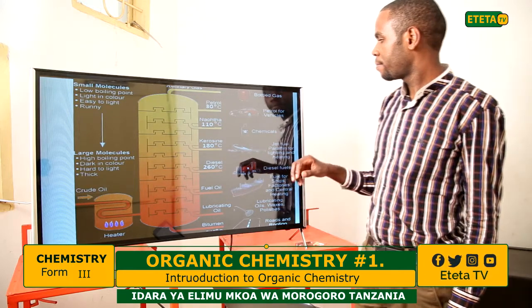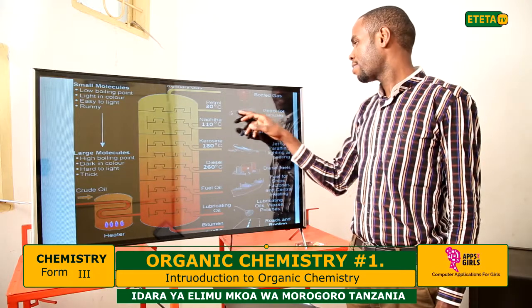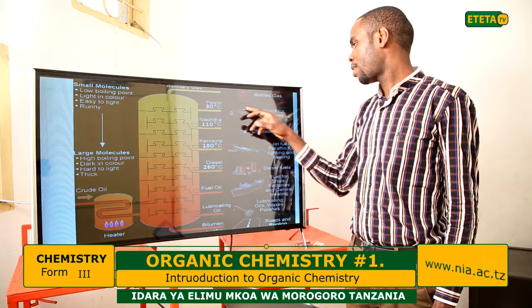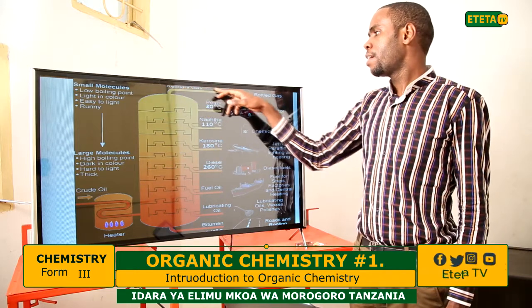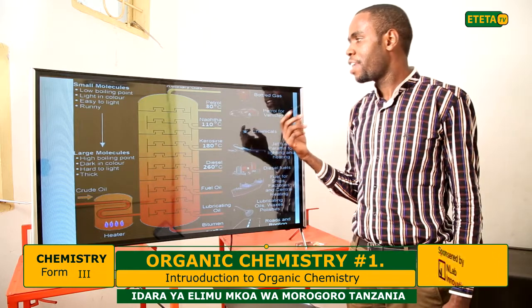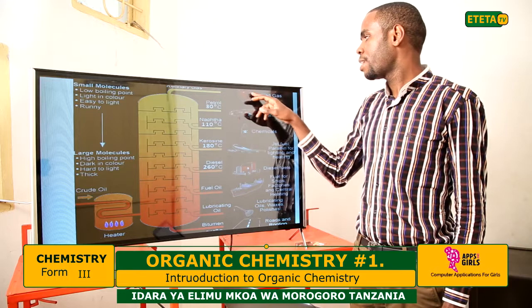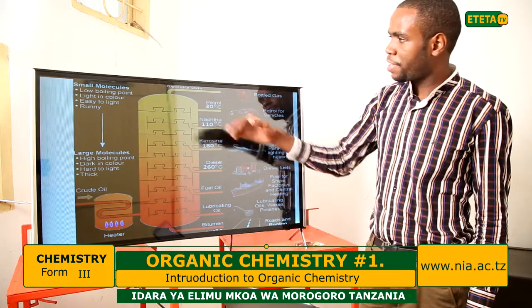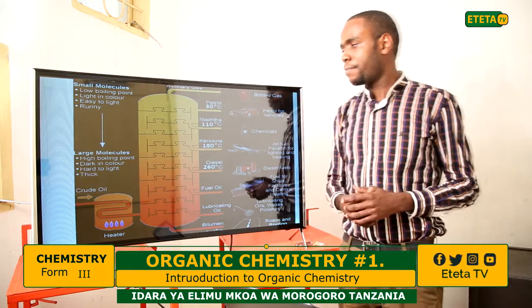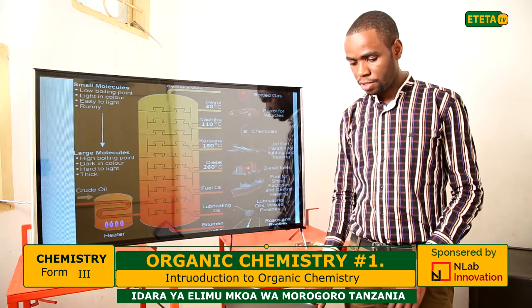Also, we have petrol here, which is used in cars, for vehicles. Refinery gas, or petroleum gas, is used at home for cooking. So these are the uses of different crude oil fractions.